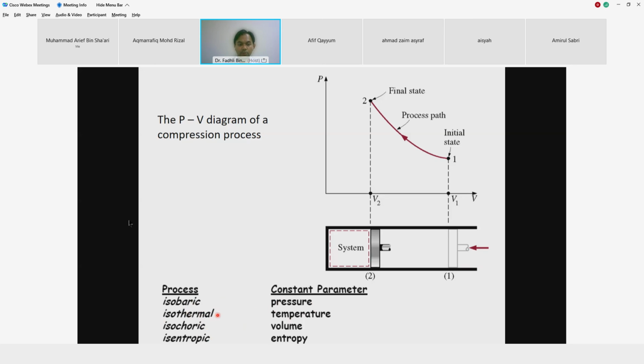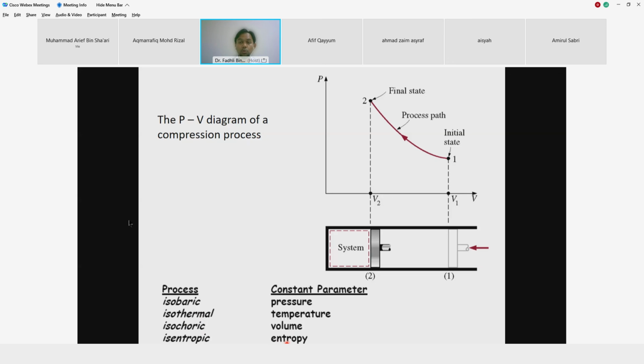Isothermal process is where the temperature is constant. Once temperature 1 and temperature 2 are the same, then the process is called isothermal. Number 3, if the volume is constant, volume 1 equal to volume 2, then the process is called isochoric. Last one, entropy.